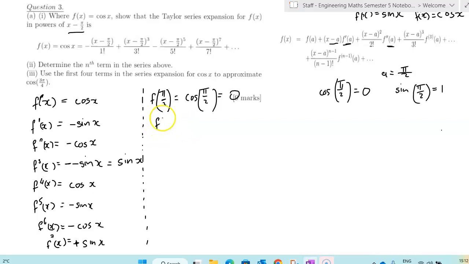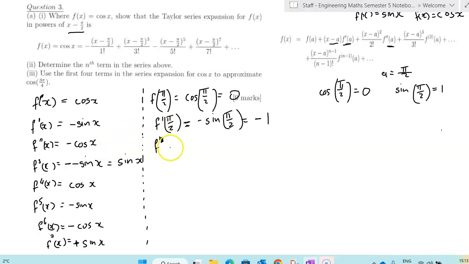Then the next one, f dash of pi over 2. So all I'm doing is putting in pi over 2 where I had x. So it's going to be minus sine of pi over 2, which is minus 1. Then the next one, f double dash, the second derivative, sorry.